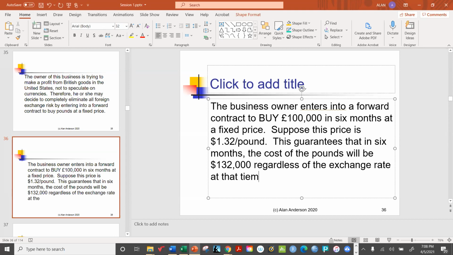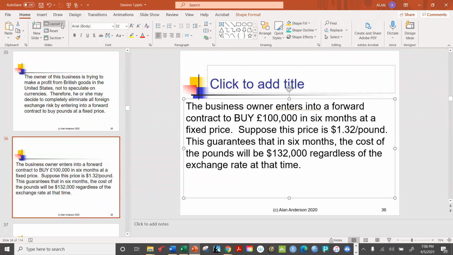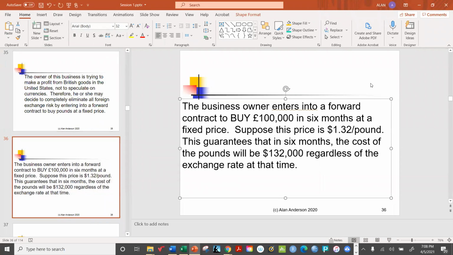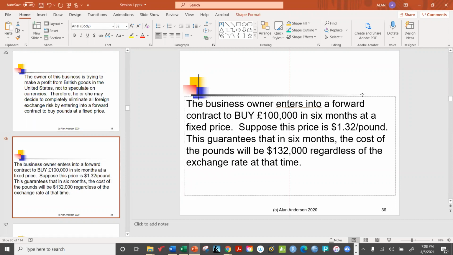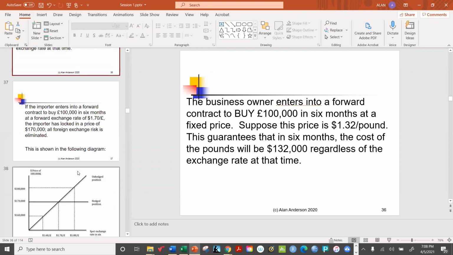So in effect, this is like an insurance policy. You're guaranteeing yourself that you'll never pay any number other than $132,000 for these pounds. Okay, so that is a classic example of a hedge.